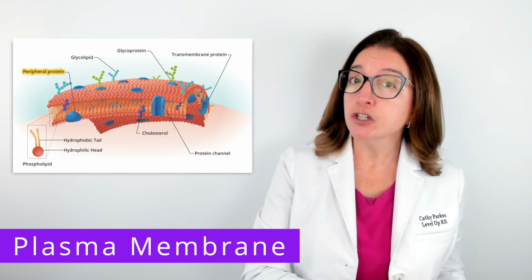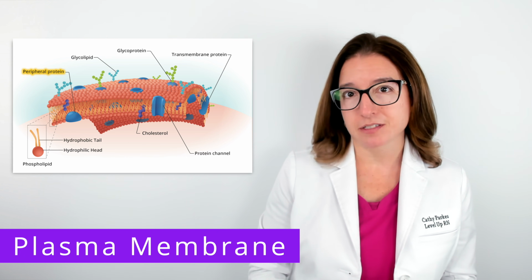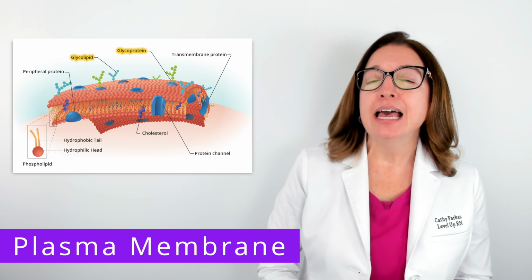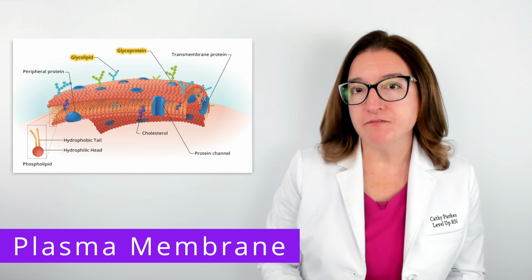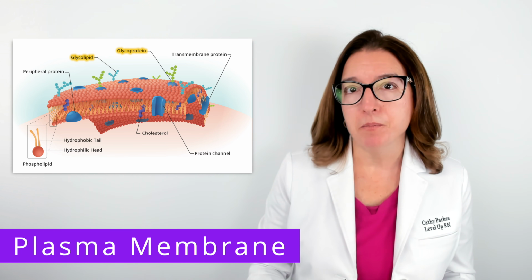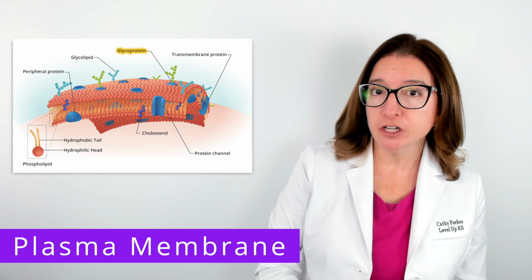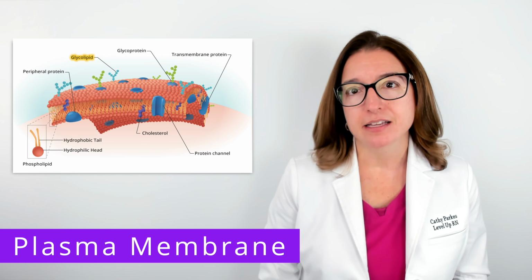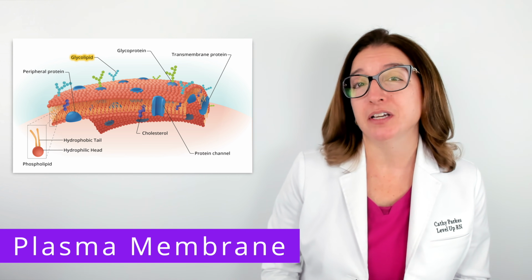They provide structure for the cell, and some act as enzymes or receptors. You will also find glycoproteins and glycolipids extending out from the plasma membrane into the extracellular environment, so outside the cell. Glycoproteins are proteins attached to carbohydrates, and glycolipids are lipids attached to carbohydrates. The key function of these structures is cell-to-cell communication.